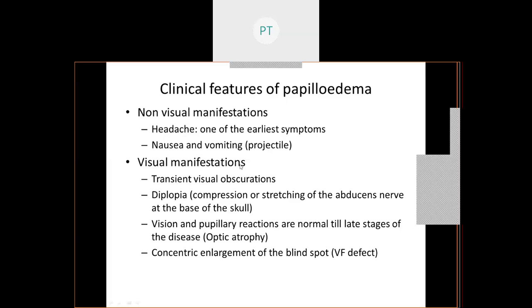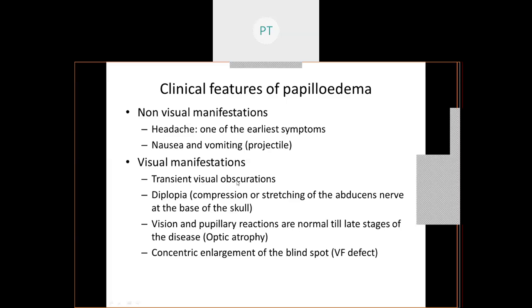We can start first with maybe increased sleepiness, and then later on it can become more severe. So now the visual manifestations. They can present with transient visual obscurations, so a history of attacks of transient blackout, which can last for up to 30 seconds in either one or both eyes, especially in those with established papilledema.